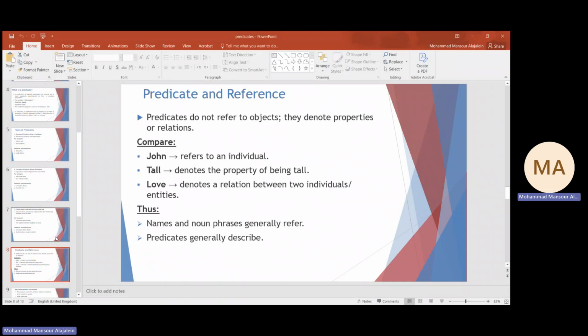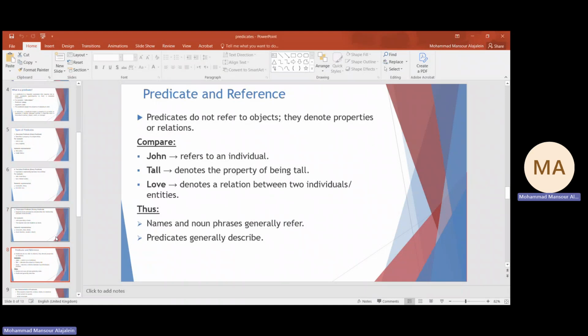Let's come to the characteristics of predicates. Okay, so we can say that predicates can express properties, actions, states, and relationships.